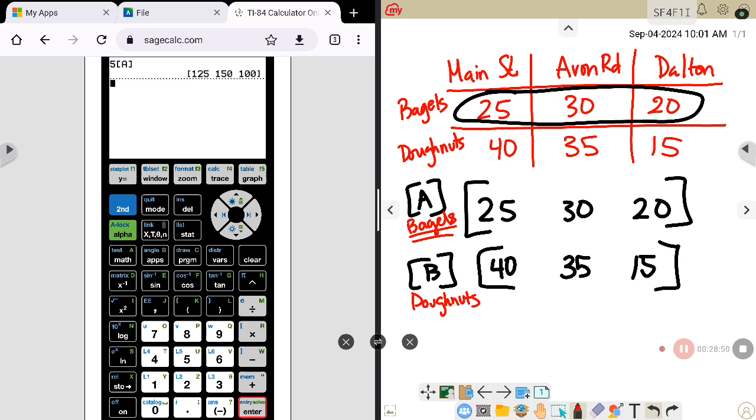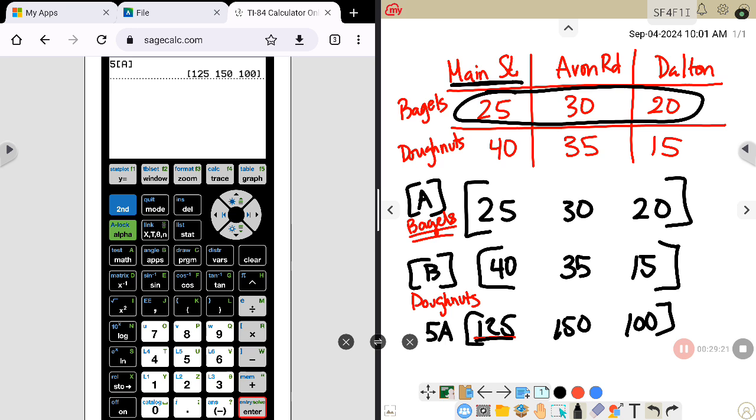So what is this telling me when I have 5 times matrix A? These numbers, so in 1 week, the Main Street Bakery's profit is $125 from the bagels.